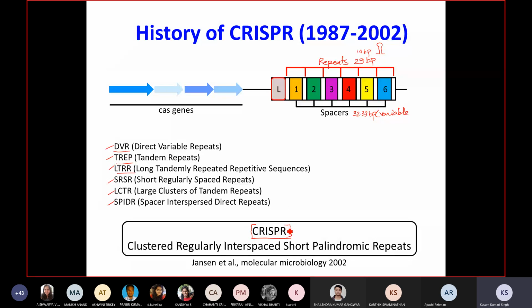This word was unified in the field, and CRISPR stands for clustered regularly interspaced short palindromic repeats. This was the first name coined, and in the field it was approved.